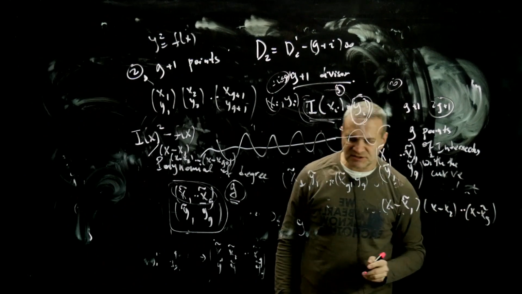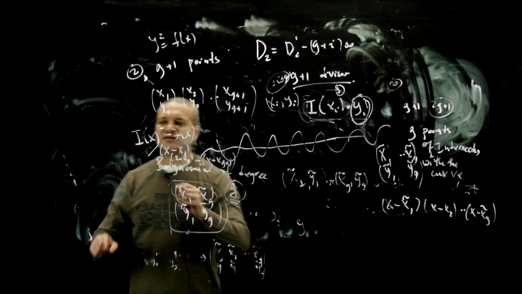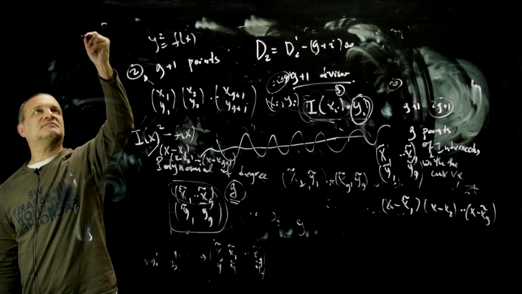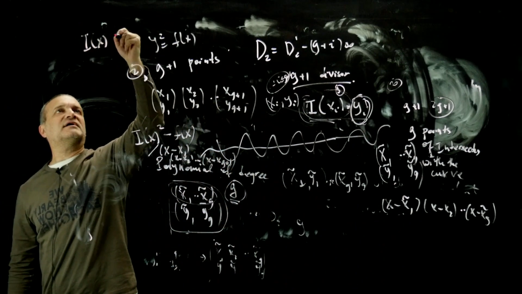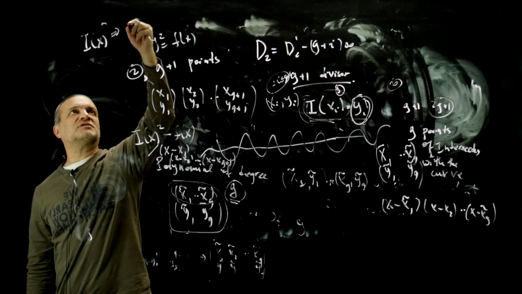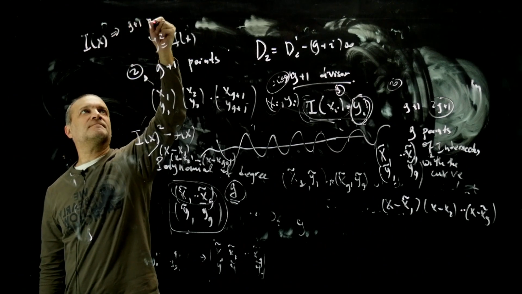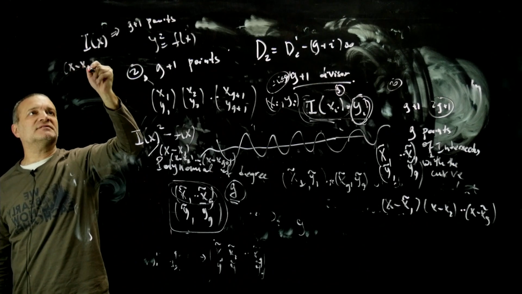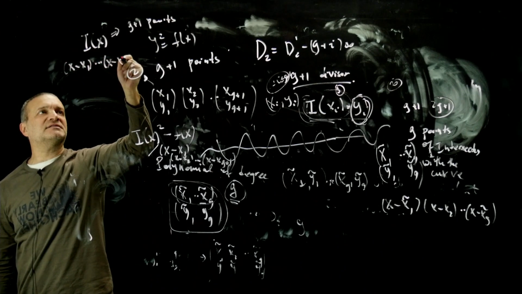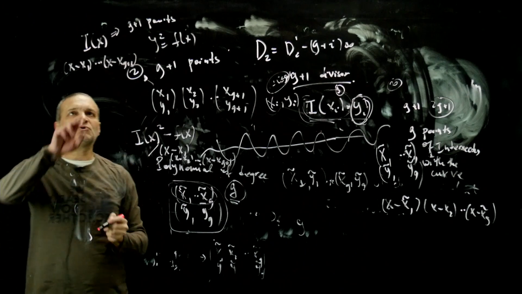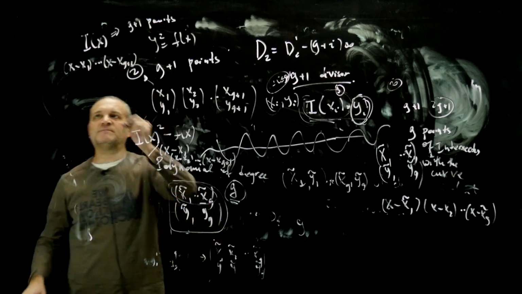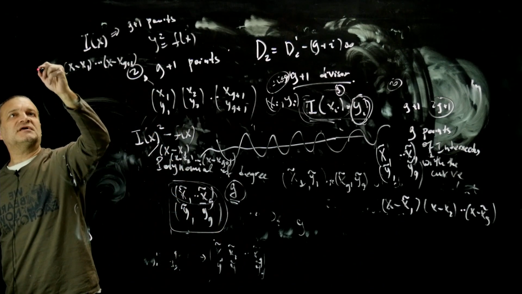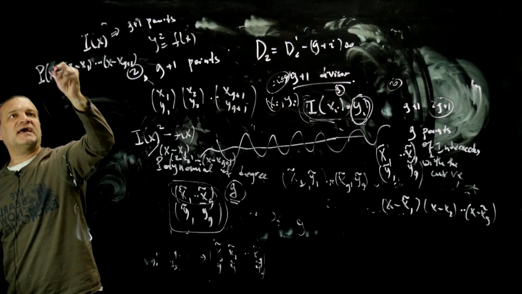So in other words, you start with I of x, which corresponds to g plus 1 points, and you start with x minus x1, and so on, up to x minus xg plus 1, which corresponds to the g plus 1 points. Let's call this polynomial p of x.